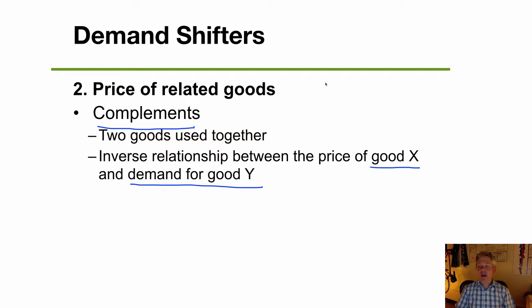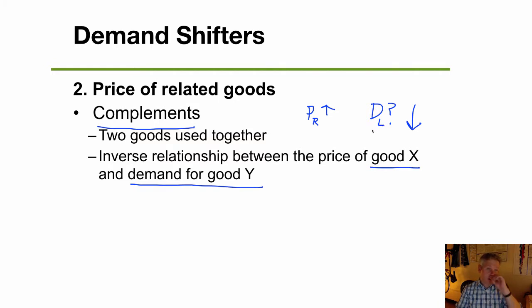So think about it this way. If the price of right shoes went up, what would that do to demand for left shoes? Well, you also have to buy a right shoe if you buy a left shoe. So demand for left shoes would go down.